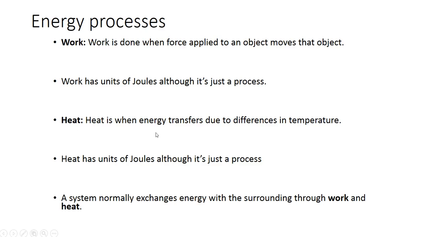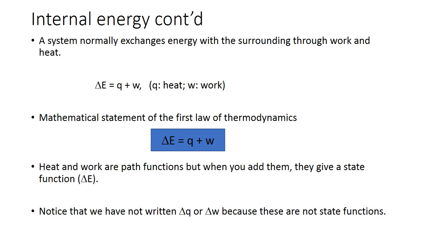Heat is when energy transfers due to differences in temperature. Heat has units of joules, but it's also just a process. So a system will normally exchange energy with the surrounding through two processes: work and heat. In other words, just a reminder, a system normally exchanges energy with the surrounding through work and heat.